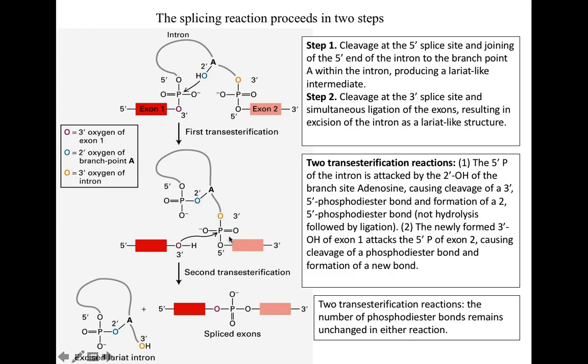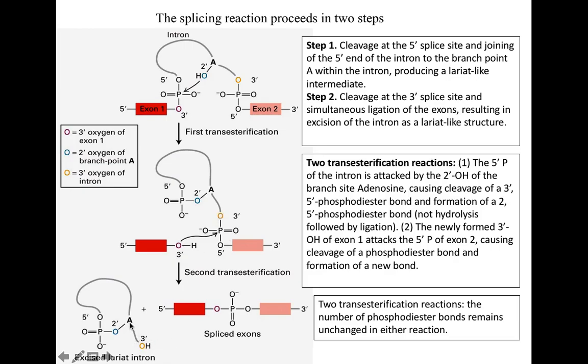After cutting this off, we are left with an excised lariat intron, where we have this 2', 5' phosphodiester linkage with the branch point, and here we have a hydroxyl group because this hydrogen is added to the oxygen here, and we are left with a 3' hydroxyl group.